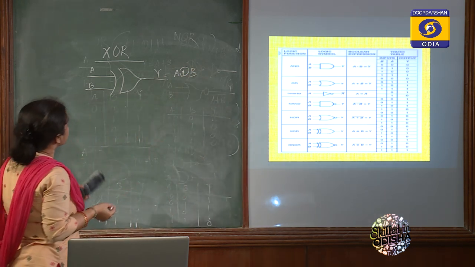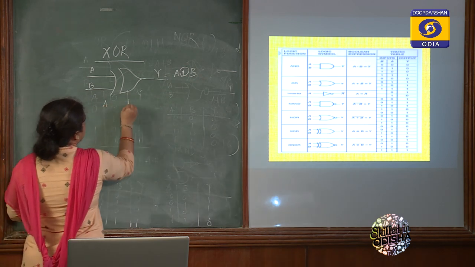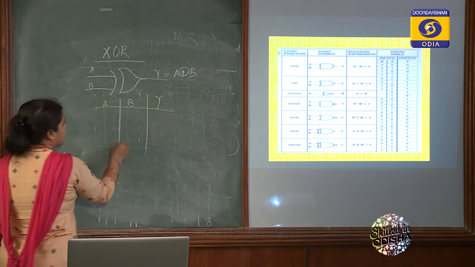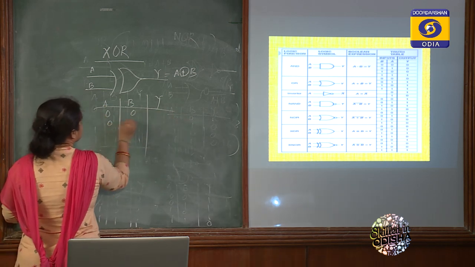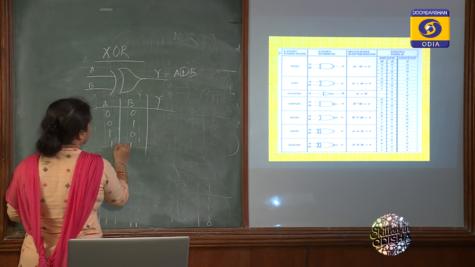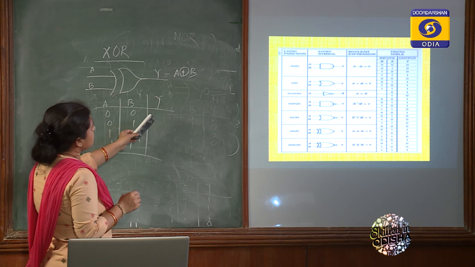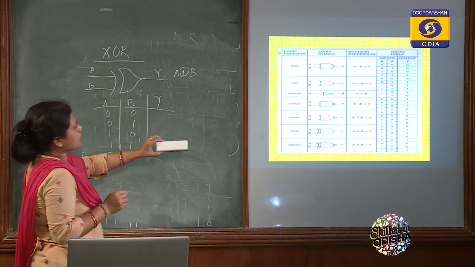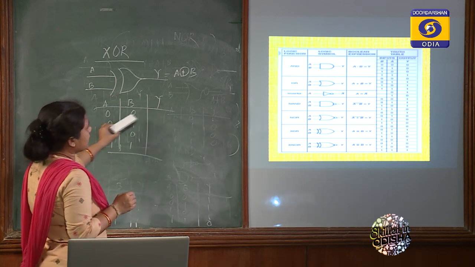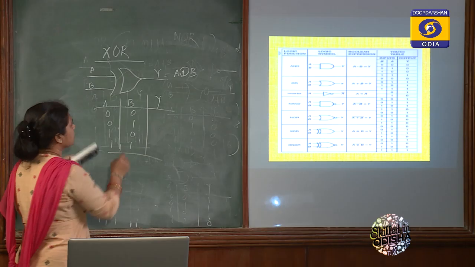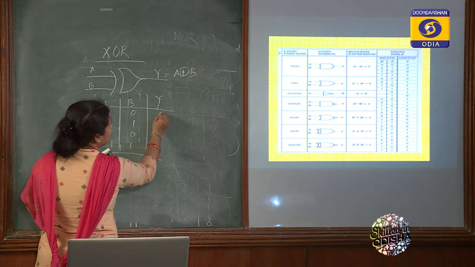So what is the truth table? So here this is A, B and here it is Y. Again we will take the same inputs like 0, 0, 0, 1, 1, 0 and 1, 1. So what is the output here we will be getting? First is 0, 0. In XOR, if we give the same input, means if both are 0 then we will be getting 0.